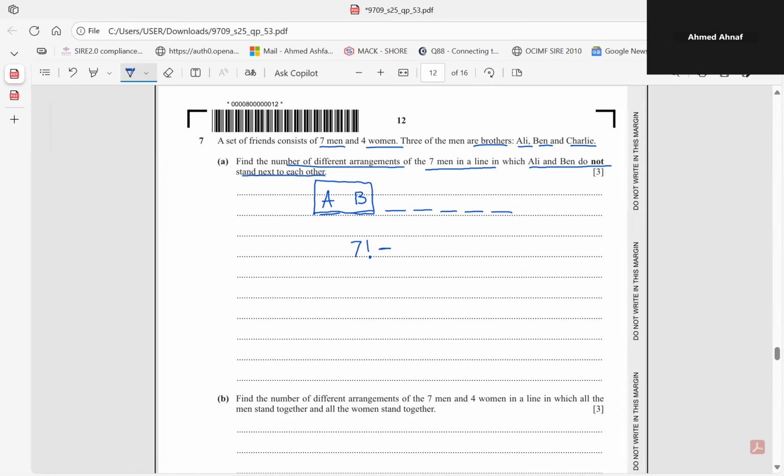Now there are 6 slots altogether, so let's write 6 factorial. But it's also possible that Ben could be here and Ali could be here, so to factor that in, you have to multiply by 2 factorial. Then just type this whole expression into your calculator.